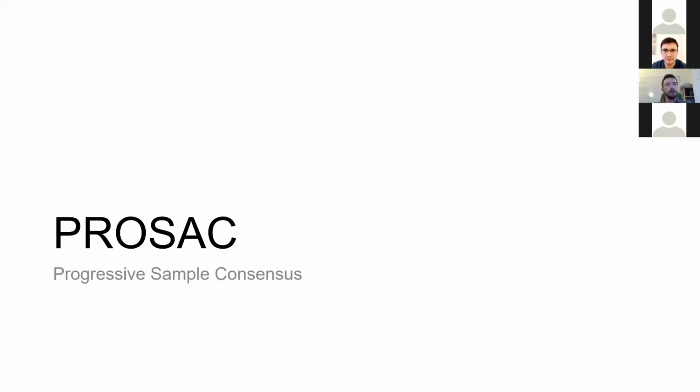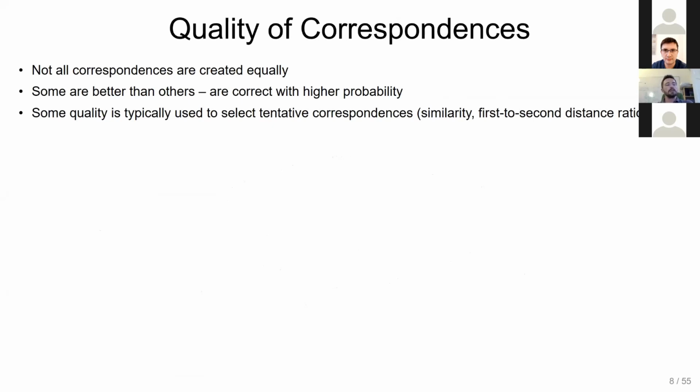Next, I'll be speaking about progressive sample consensus, which takes another assumption, and that is that we have some measure of quality of our data, of our correspondences.